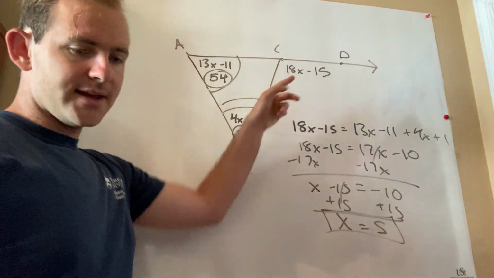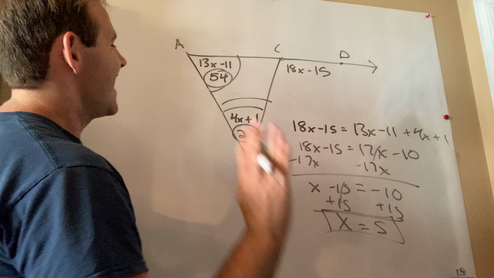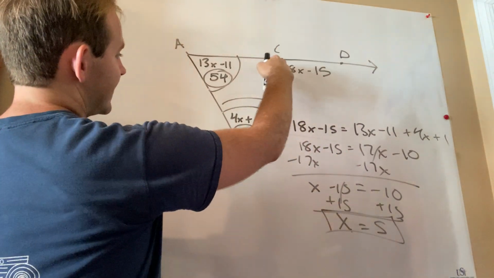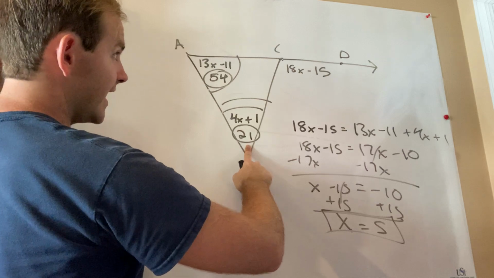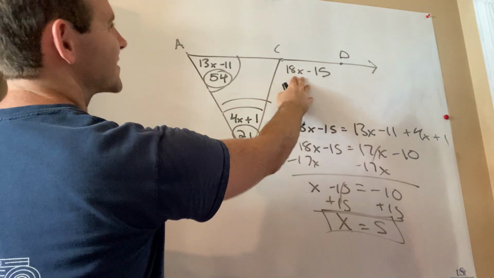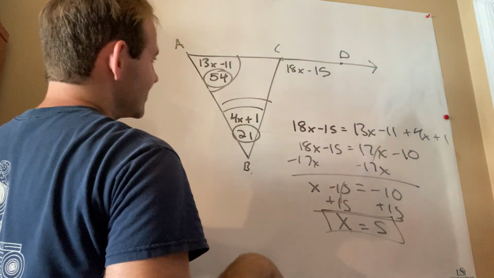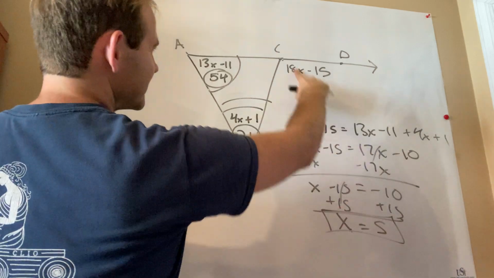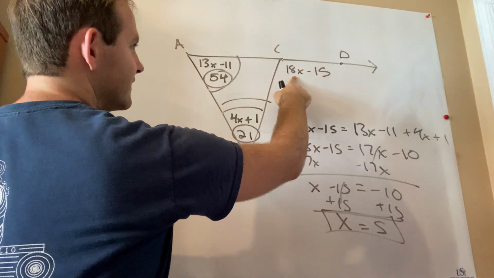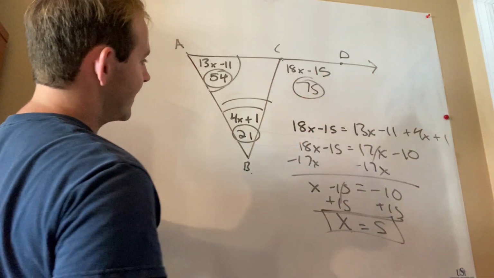Over here, if I want to find angle ACB, oh no, hold on, I skipped one. Angle ACB would be this one right here, which you can find by simply subtracting these two from 180, or you could find this one first and then subtract from 180. So it doesn't really matter, okay? Long story short, let's do this one first. Let's do BCD. So if I plugged in 5, I'm going to get 90 minus 15, which is 75, okay?